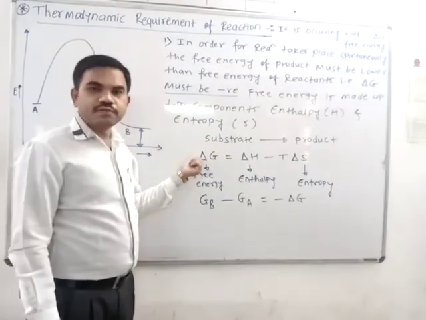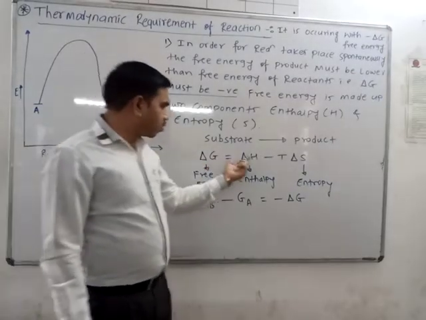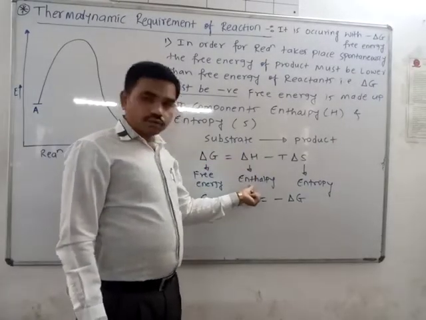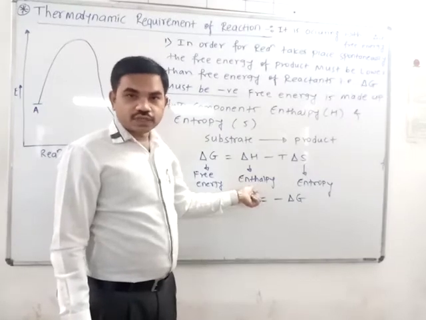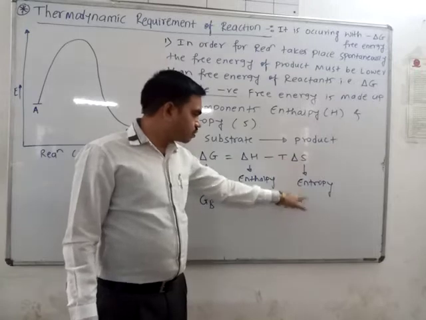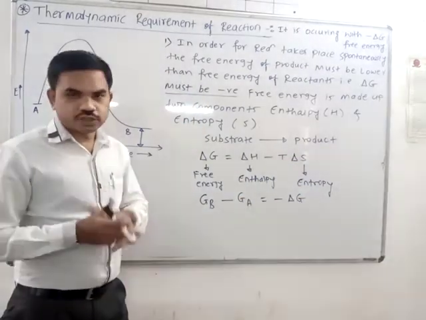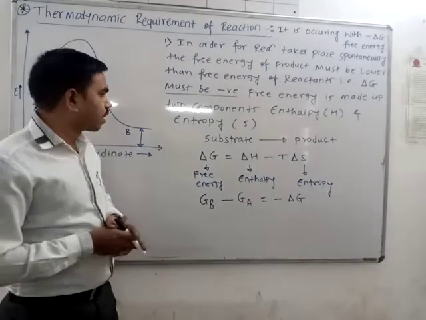So what is meant by delta G? Delta G means Gibbs free energy. In general, free energy is nothing but the total delta H, which means enthalpy change, energy change, minus T into delta S, which means total entropy change. Entropy means randomness of a reaction.